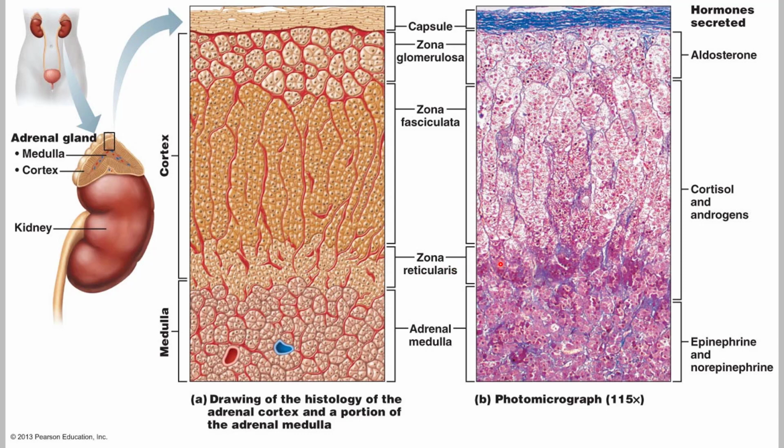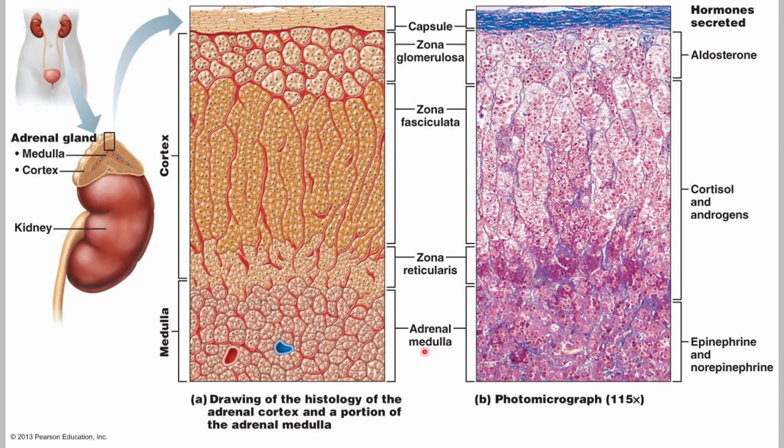The zona reticularis. All three of those structures together make something called the adrenal cortex. The adrenal cortex has three layers: zona glomerulosa, zona fasciculata, zona reticularis. And then the innermost area is called the adrenal medulla. So medulla just means middle.